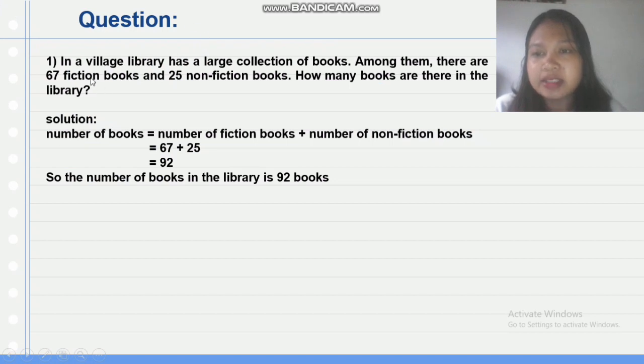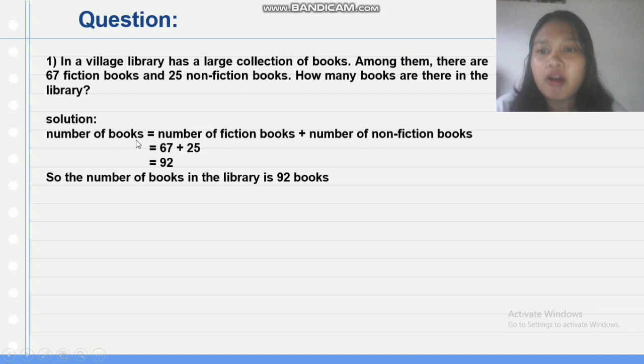Example 1. In a village library there is a large collection of books. Among them, there are 67 fiction books and 25 non-fiction books. How many books are there in the library?